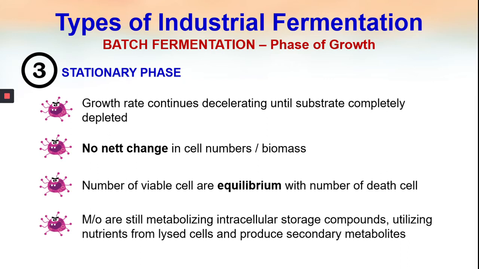Hence, you can see the stagnant pattern in the graph. Microorganisms are still metabolizing intracellular storage compounds, utilizing nutrients from lysed cells, and producing secondary metabolites. So, secondary metabolites are produced under stationary phase. Meanwhile, primary metabolites are produced under exponential phase.